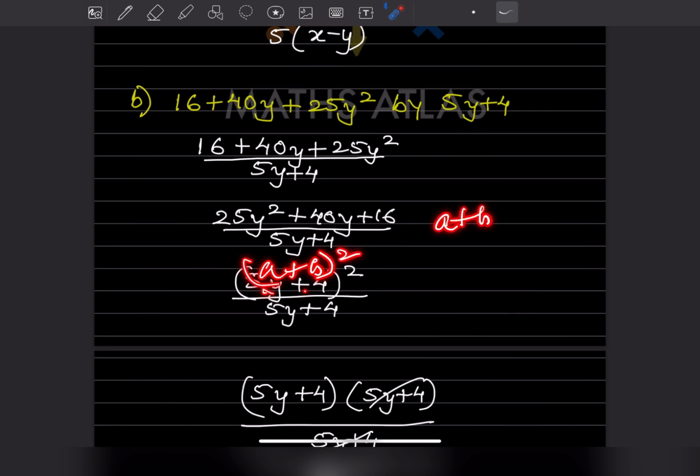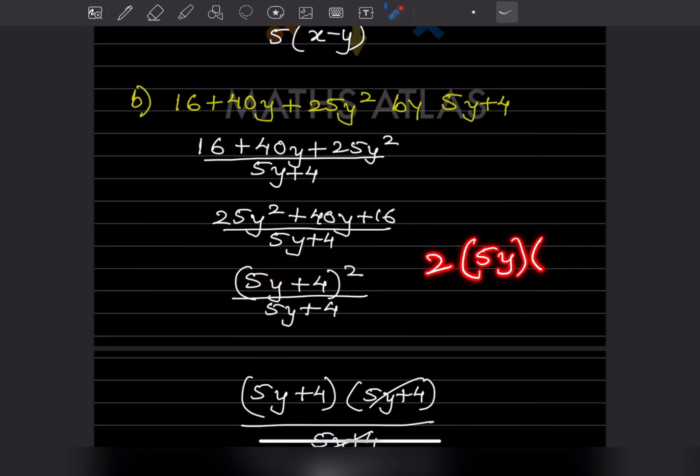You know the formula for a plus b whole bracket square, that is a square plus 2ab plus b square. Now when you expand this one, this is a and this is b. So 5y square is 25y square, plus 2 into 5y into 4, that is 2ab, so 10 fours are 40, and this is y, so plus 40y, plus b square, so 4 square is 16.